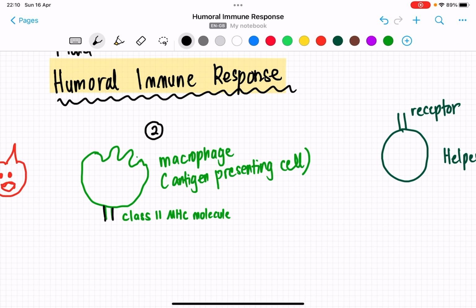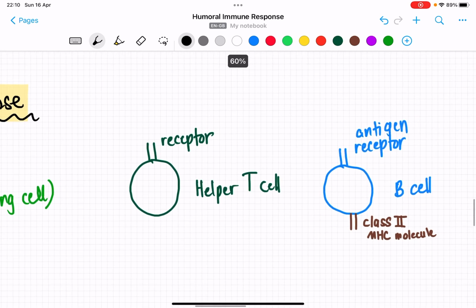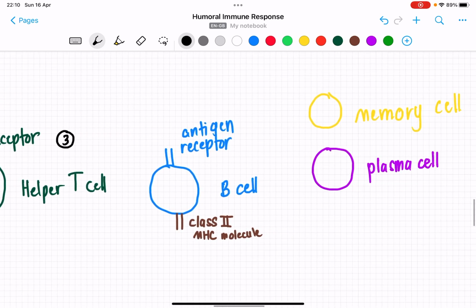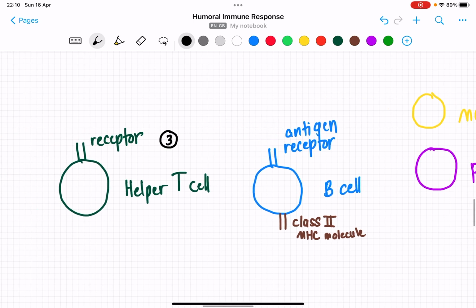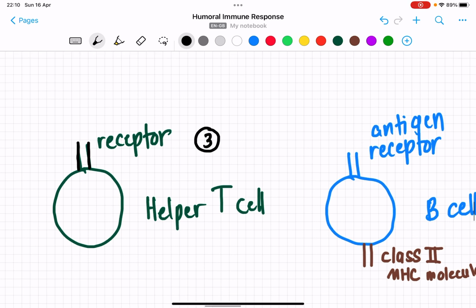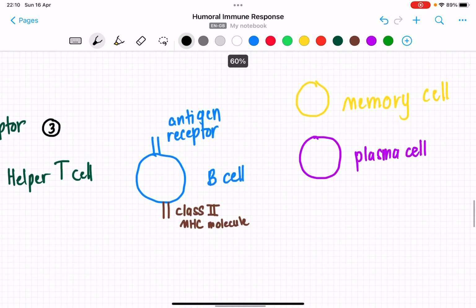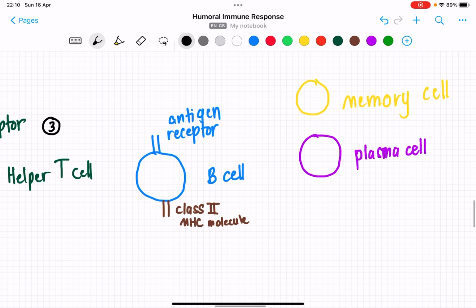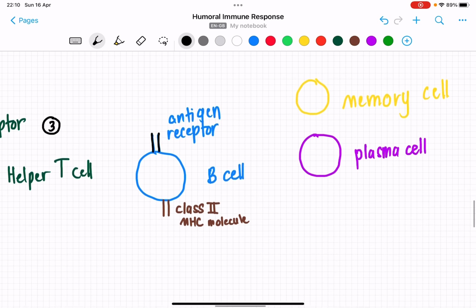surface of the macrophage. Next, we have helper T cells. Helper T cell also has its own receptor. Next is B cell. B cell also has its own antigen receptor and also class 2 MHC molecule to present the antigen fragment.